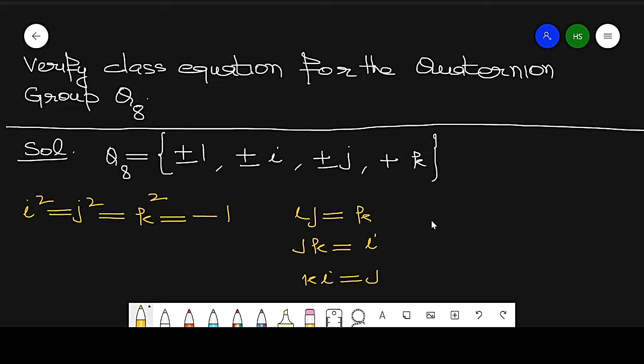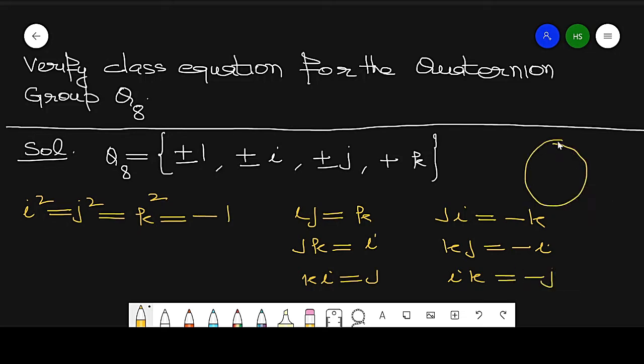In the reverse order, ji is minus k, kj is minus i, and ik is minus j. So in the clockwise direction, ij equals k and jk equals i, but in the anti-clockwise direction we get the negative values.